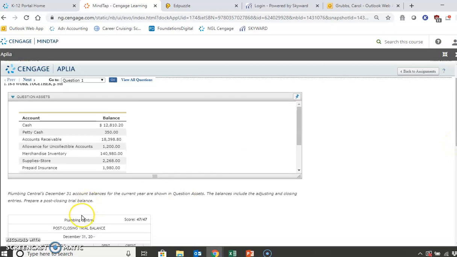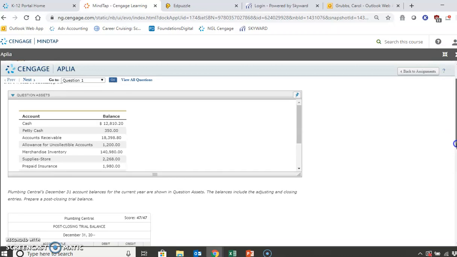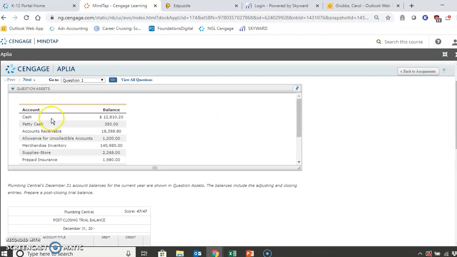The first thing you do is put the name of the company in the heading, then the name of the document, the post-closing trial balance, and the date, December 31st. Then you proceed to put all of these accounts in, with the balance in the correct column, whether it's a debit or credit.